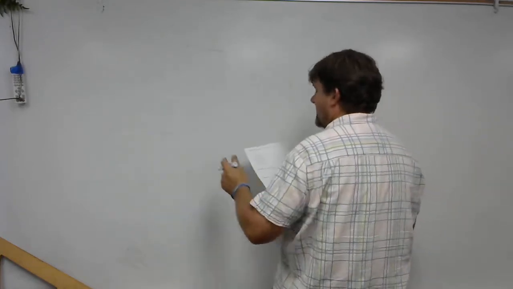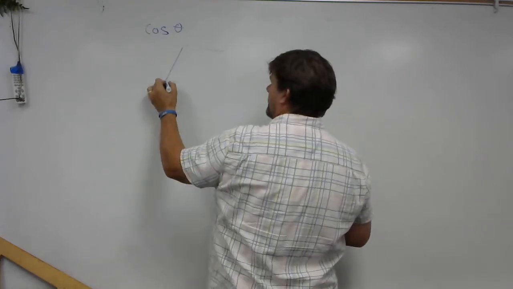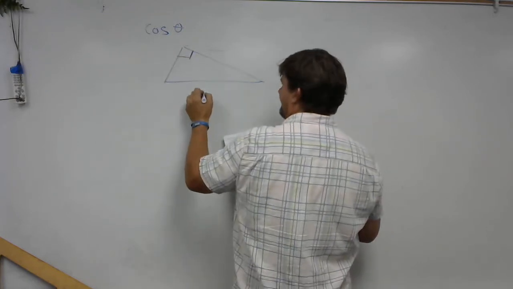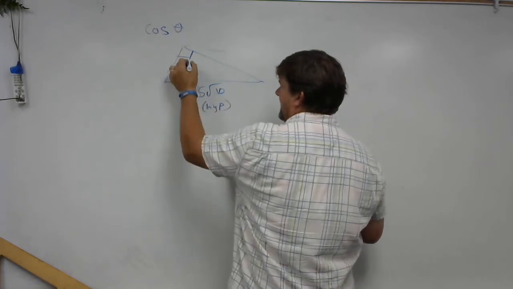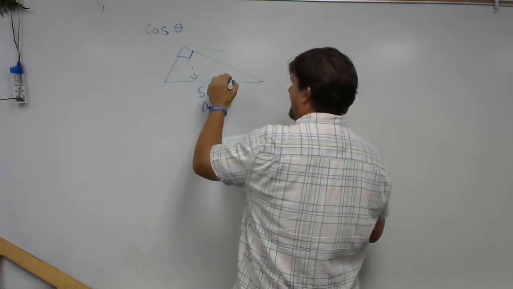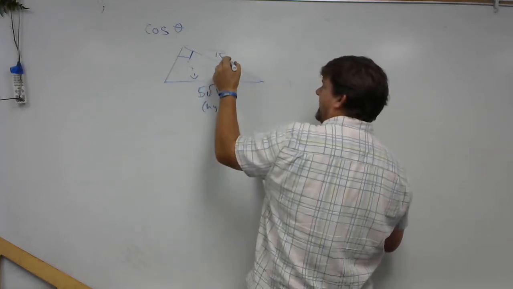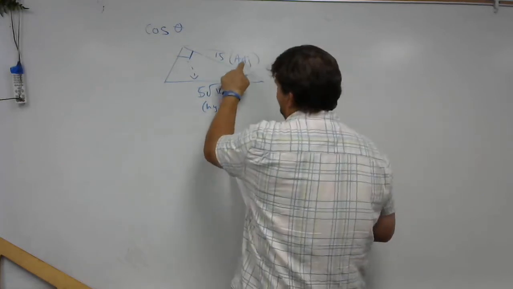All right, number 10 poses a few extra problems for us. Number 10, cosine of theta is what we're looking for. We have 5 root 10, which is our hypotenuse because it's across from the 90. And then theta is right here. This is 15. Since it's next to theta and not the hypotenuse, it is adjacent. So I have adjacent and hypotenuse.